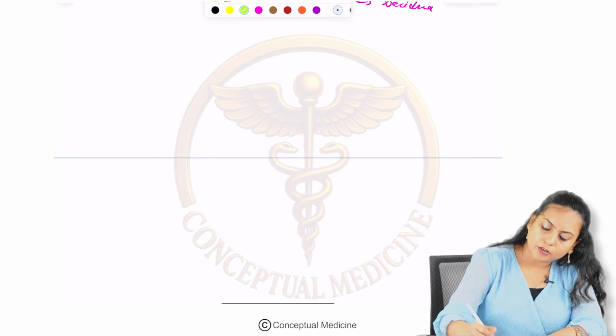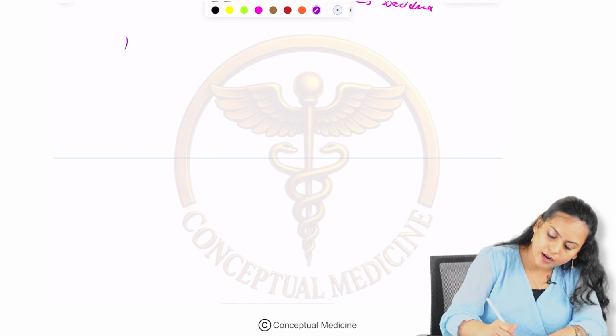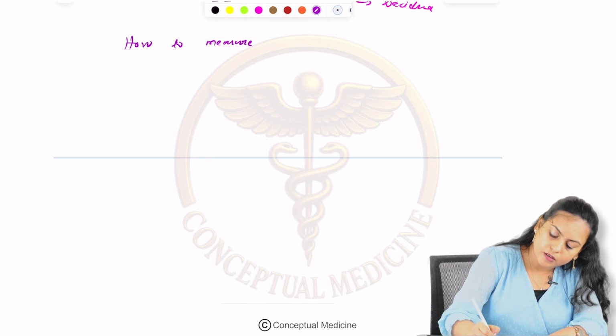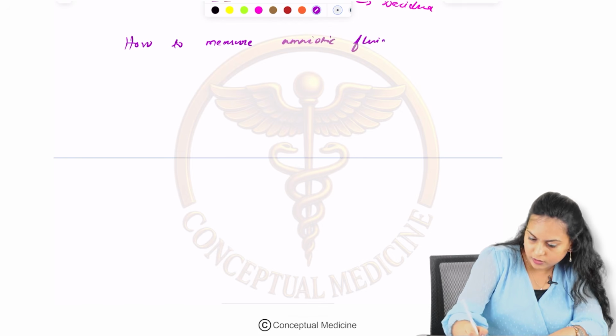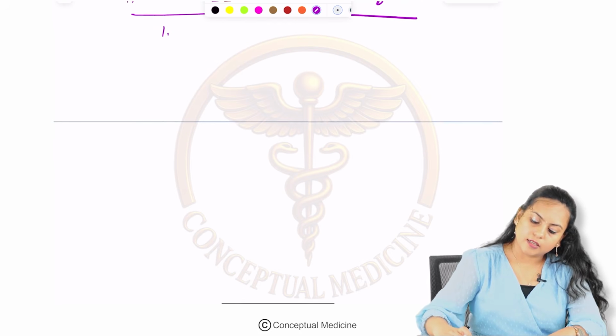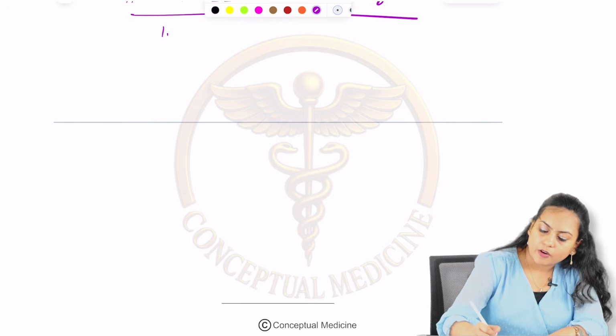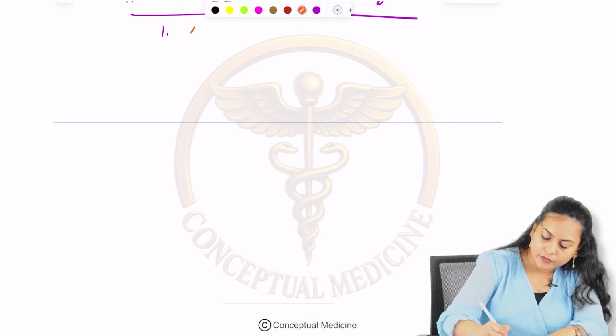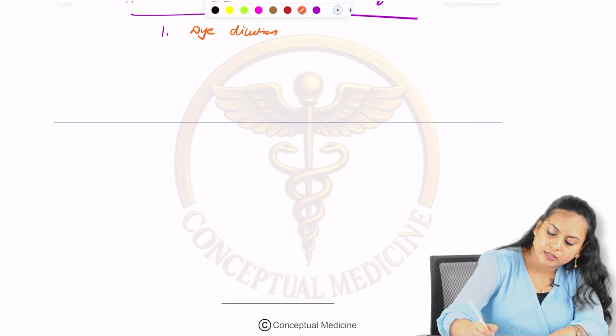Now, what are the ways to measure amniotic fluid? See, there is a most specific way of amniotic fluid measurement, which is dye dilution test.